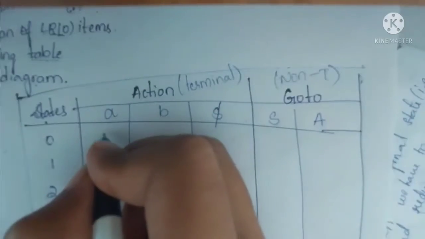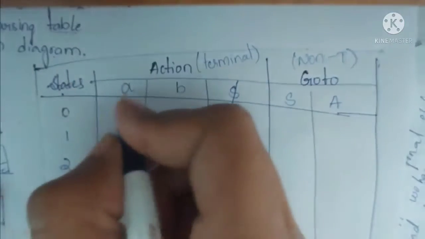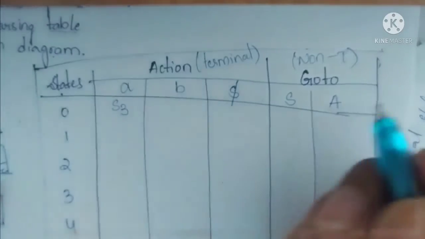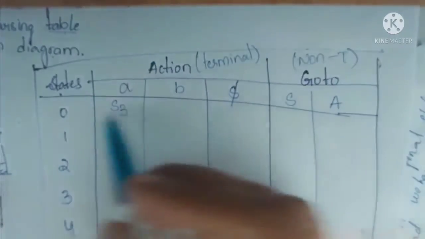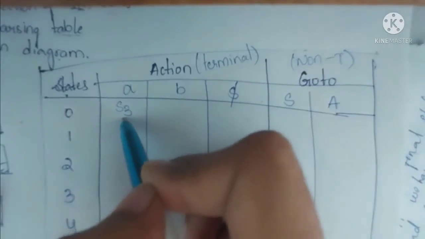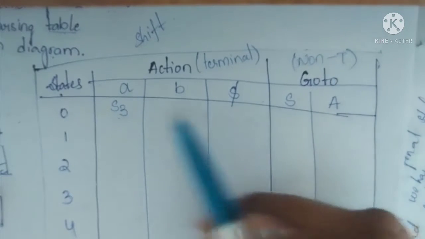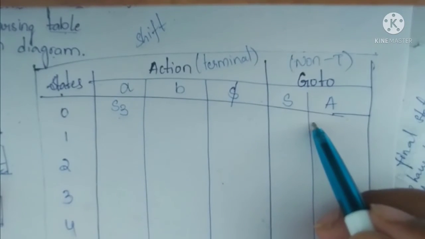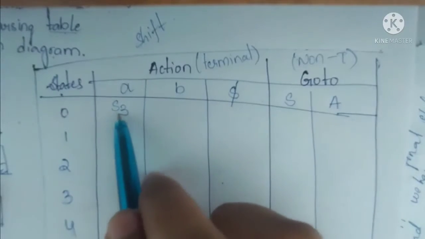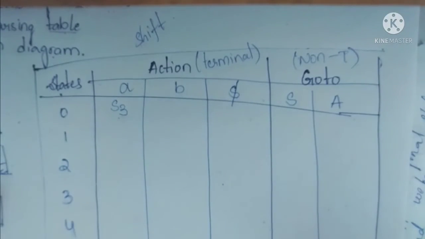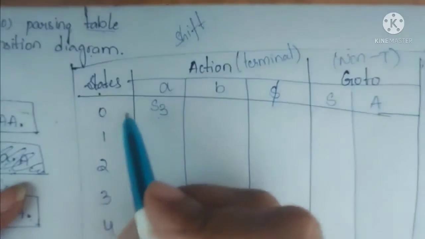You have to write the shift operation here, means you have to write S3. In the actions everywhere you have to write only the S. S is nothing but shift operation. In the go to you have to write directly numbers. No need to write the shift operations in the go to, but in the actions you have to write the shift operations. So next you check the I0 to B.